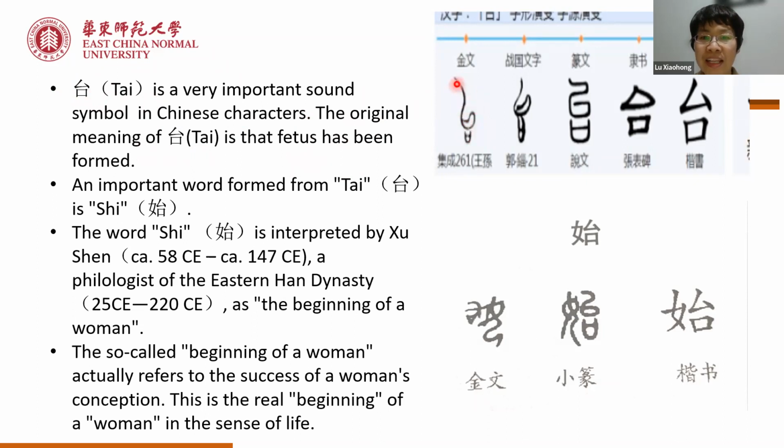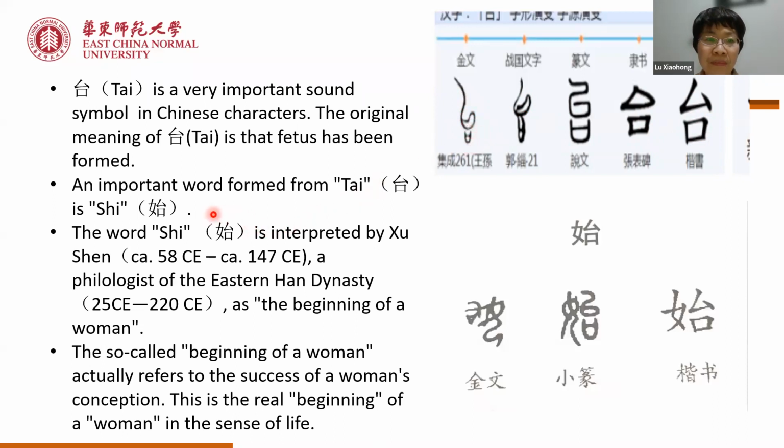Here you can see this looks like a fetus. And then it changed gradually into here, Tai, that is the regular script we use today. And also here, the official script, also used today. But the very original character is like this, like a fetus, and then a mouth.